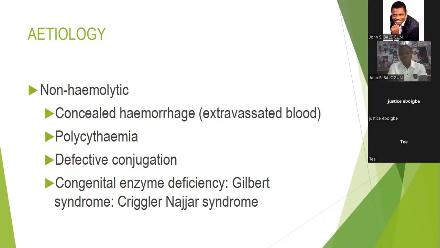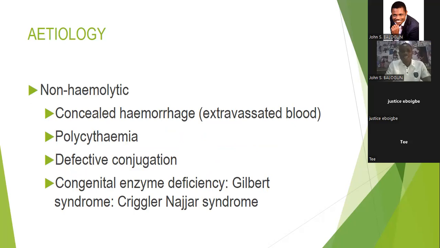Now let's go to the non-hemolytic causes of non-conjugated hyperbilirubinemia. So non-hemolytic causes include concealed blood from extravasated blood. What condition can you see? A baby who undergoes some stress while being born, and is born with maybe cephalohematoma, subgaleal hemorrhage, or even frank intracranial hemorrhage.